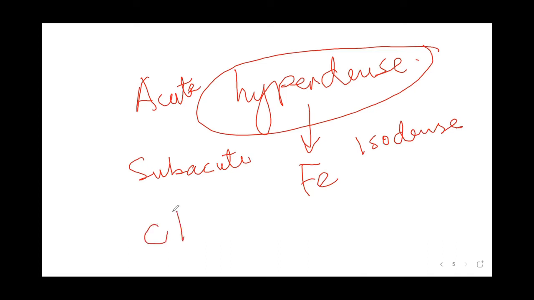Then at the chronic phase, where most of the iron has been absorbed, it becomes hypodense. So a patient might have bleeding into the skull, bleeding into the brain tissue within the cranium. At presentation, you saw it was hyperdense. Later, it became hypodense. It's because of the progressive absorption of the iron content of the blood.